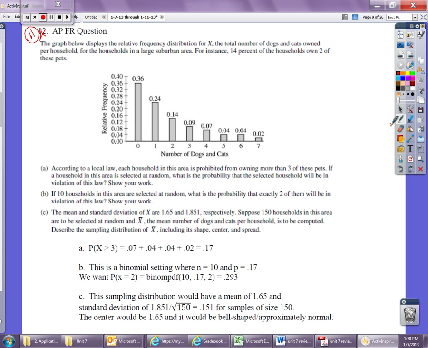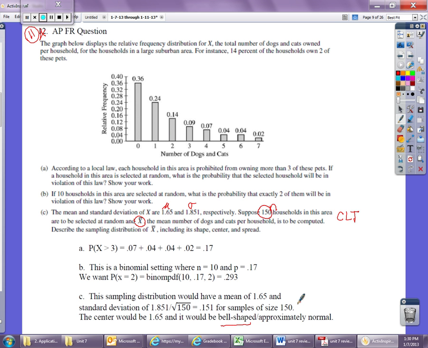So again, you would have to know that since this is a bigger mean and you're looking at a mean sampling distribution, x bar, this is a central limit theorem problem, and since it's central limit theorem, you know this is your n, and then this is your mu, and this is your sigma, and then plugging all that in, you would know the center was the same as the mean, so 1.65, again bell-shaped because central limit theorem, meaning approximately normal.